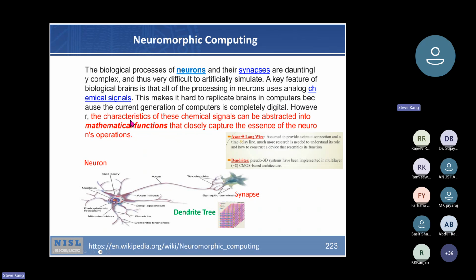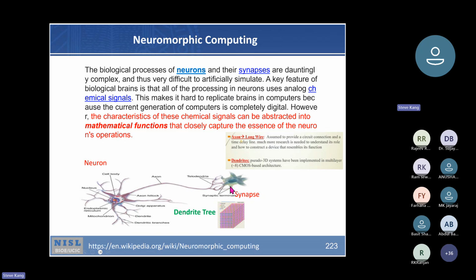However, the characteristics of these chemical signals can be abstracted into mathematical functions that closely capture the essence of the neuron's operations. So, the axon is a long wire here, which involves some delay. But even in current neuromorphic computing, we don't use this delay. But for different applications, you need to consider delay, for instance.